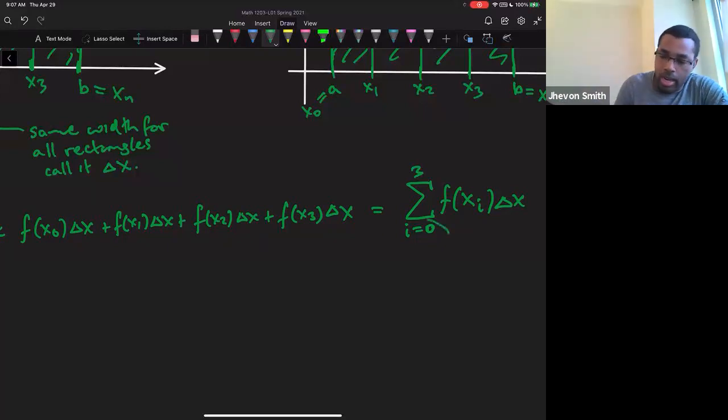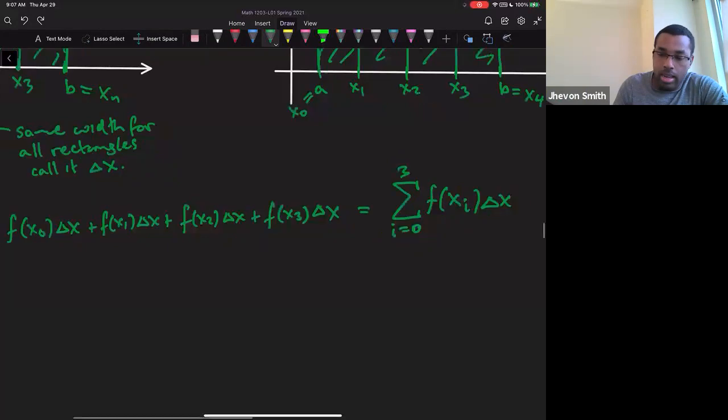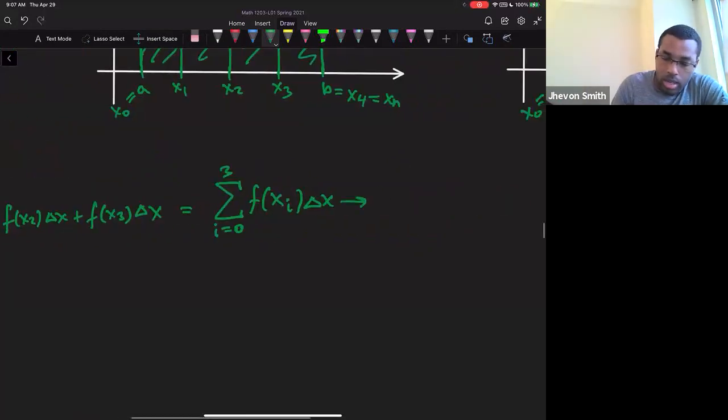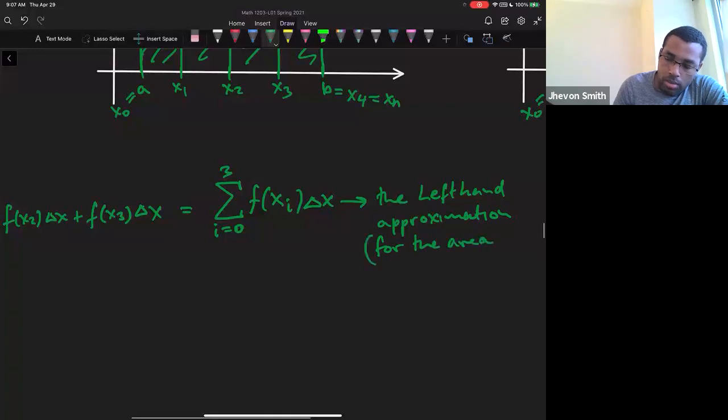So you would say your i goes from 0 up to 3. And you just say, I'm adding up a bunch of these things that look like that, right? And this is called the left-hand approximation for the area under the curve.